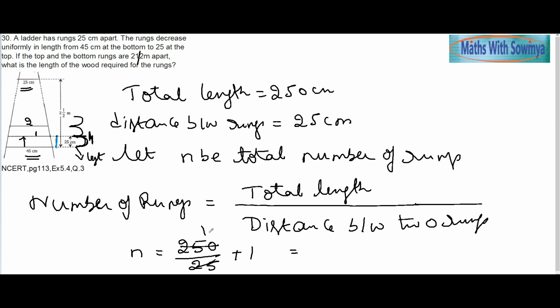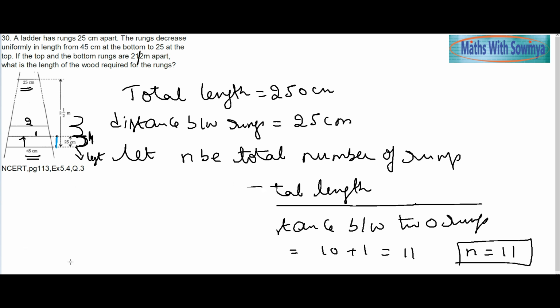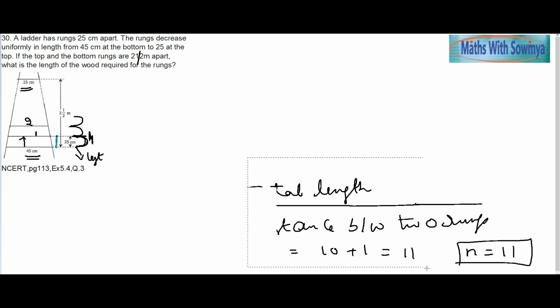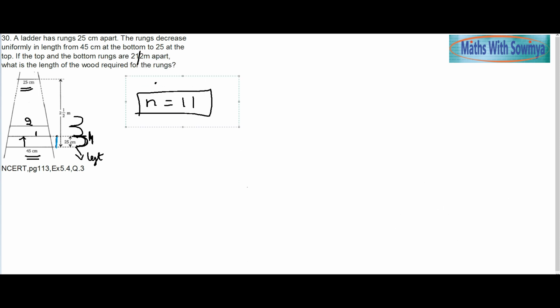So this will be 10 plus 1, 11. So n is 11. This is the first thing we have to get. From there we will continue further. We got n is equal to 11.